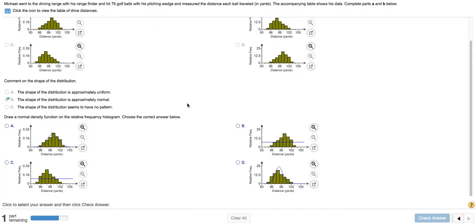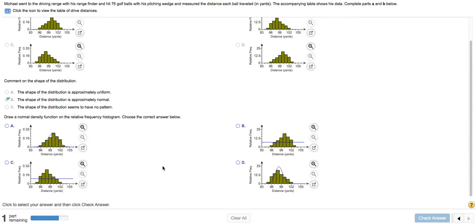For the next part of the problem, since we've decided that this is in fact a normal distribution and relatively bell-shaped, can we draw what that curve would look like over the distribution itself? Looking at the information, clearly it's not going to be C or B. A horizontal line would represent a uniform distribution, which this isn't.